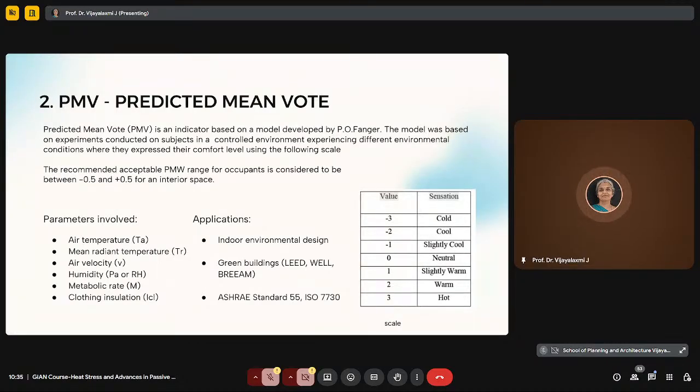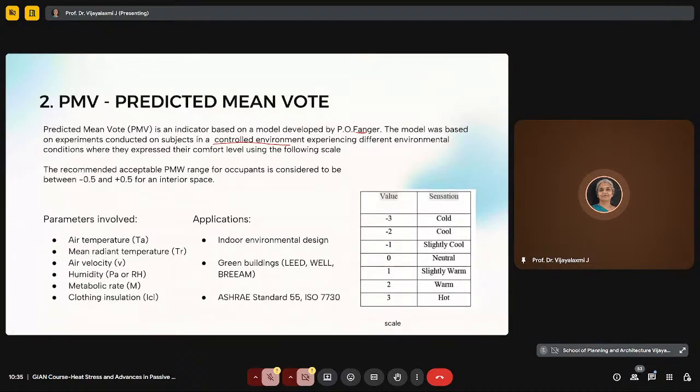Then we have the predicted mean vote method, an indicator based on a model by Fanger. The model was based on several experiments conducted in controlled environments experiencing different environmental conditions. When they were asked how they feel, their feeling or the acceptable range of predicted mean vote of the occupant is considered, and based on that the standards have evolved.